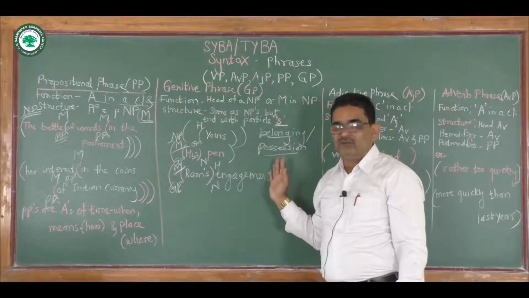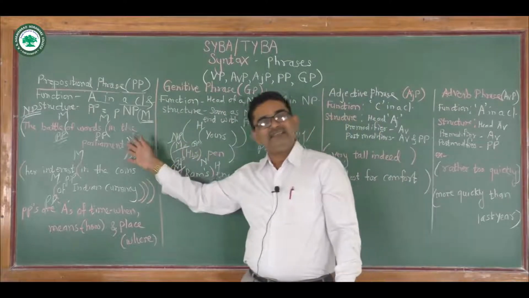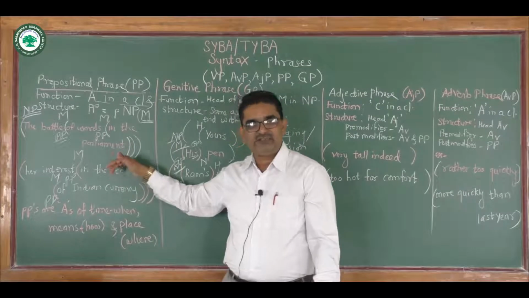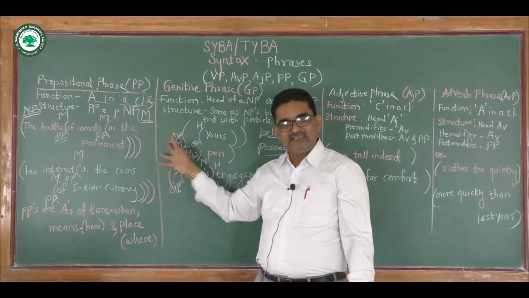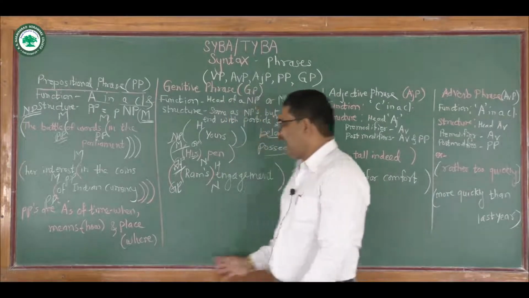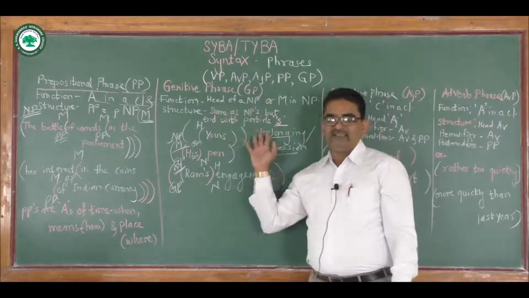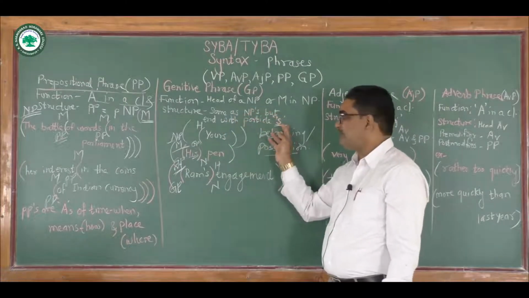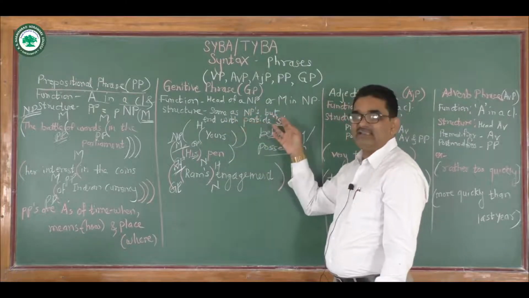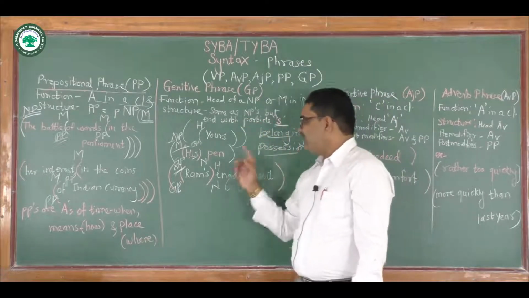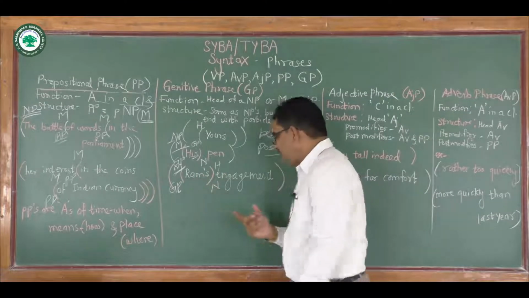Prepositional phrase is equal to P NP: P at the initial position is the preposition, followed by the noun phrase. The structure is the same as a noun phrase. And secondly, the genitive phrase has the same structure as noun phrases, but it ends with the particle apostrophe s. So we say Ram. Individually, Ram, what is it?